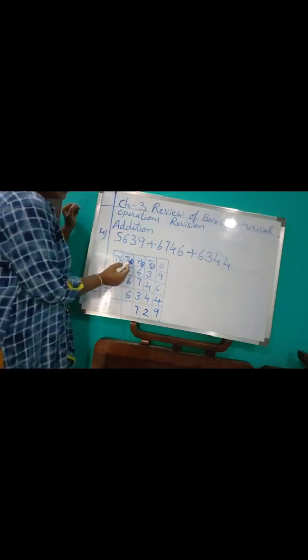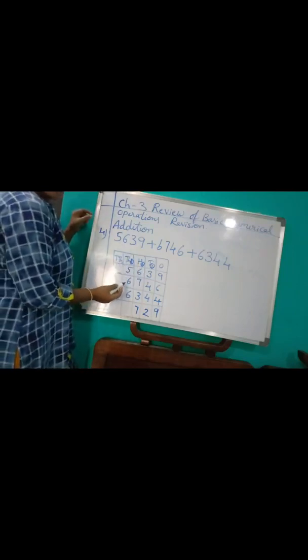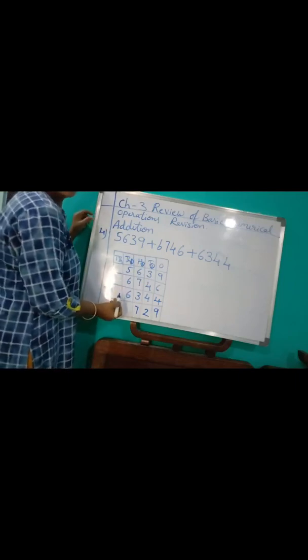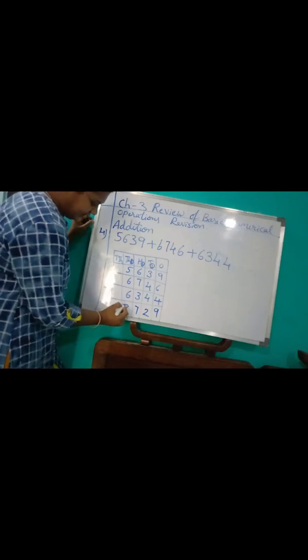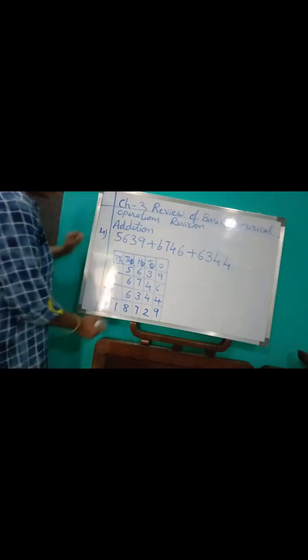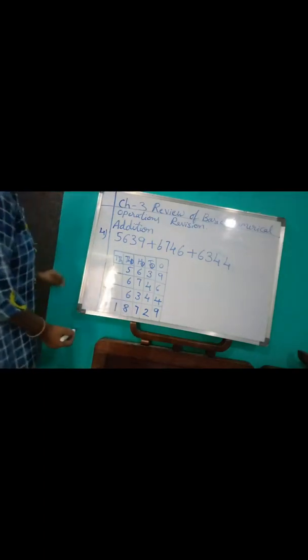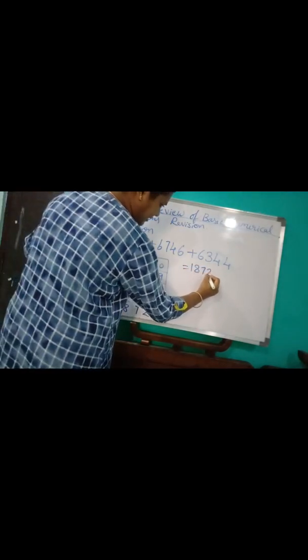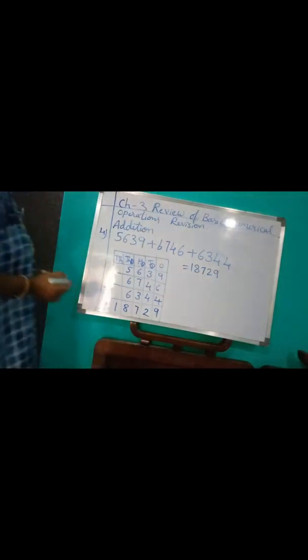Here, 5 plus 1, 6. 6 plus 6, 12. 12 plus 8, 18. 8 here, 1 here. What is that answer? 18,729. Understood, children? 18,729 is the answer.